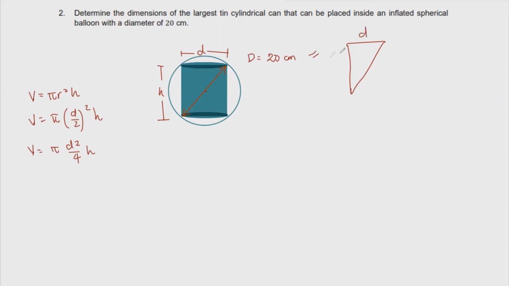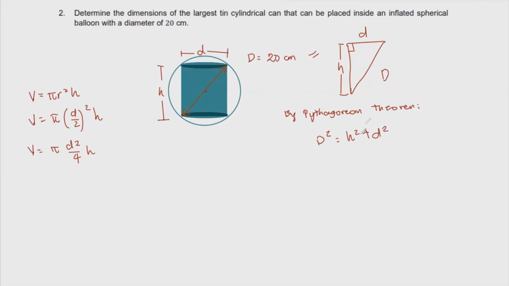This one is d, this one is h, and then this one is the capital D. And knowing na ito is right angle, we could just use the Pythagorean theorem. So by Pythagorean theorem, we know naman na D squared is equal to h squared plus d squared. Kasi kung kita-kita nyo naman, ito yung hypotenuse niya.